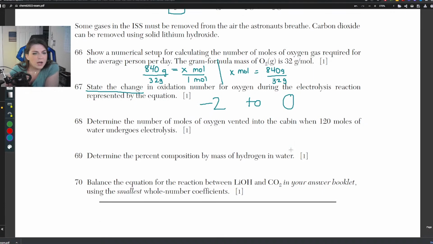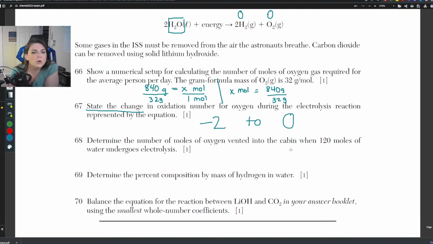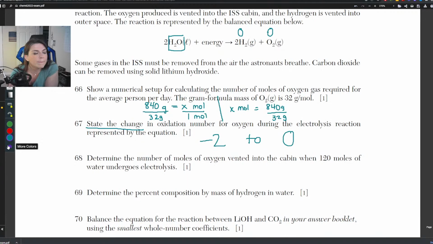Determine the number of moles of oxygen vented into the cabin when 120 moles of water undergoes electrolysis. Okay, so this is the mole ratio. If we look at the balanced equation, which they very nicely told us was a balanced equation, which is why you want to read these things even though your brain is melted, I know. The mole ratio, we are looking at water and oxygen.